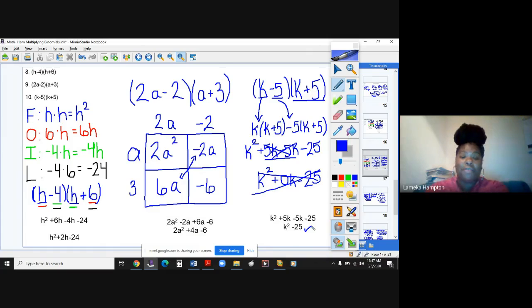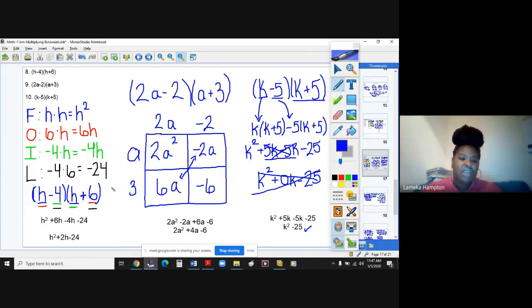Now, remember, if you want to do the box method on all of your problems, go right ahead. If it were me, I would go ahead and do it personally because I like the box method. And I also like the distributive property method simply because it helps me to reinforce the fact that I'm multiplying like terms and unlike terms.